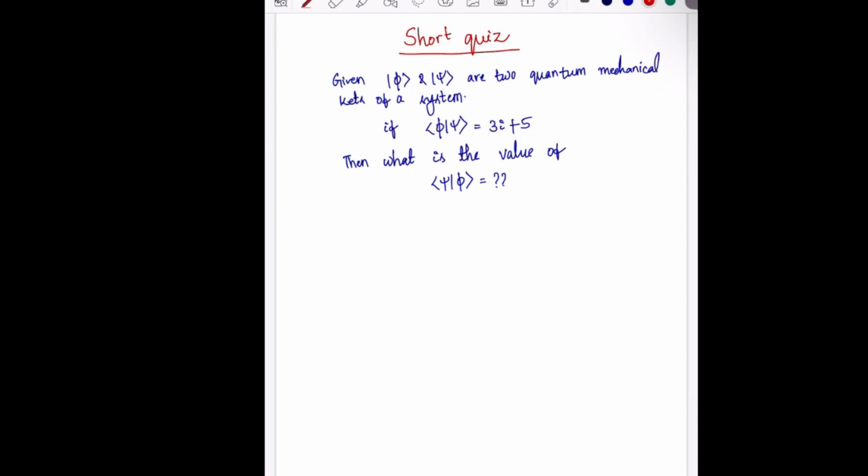It is given phi and psi are two quantum mechanical states of a system. It's given that the inner product of psi with phi is 3i plus 5. Then what is the value of this inner product?